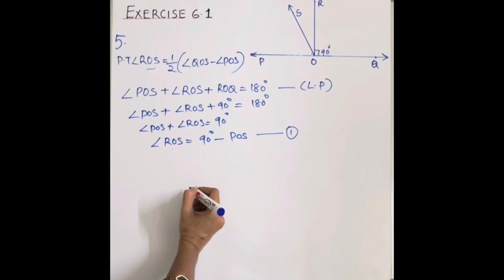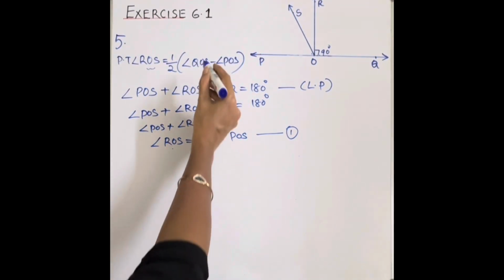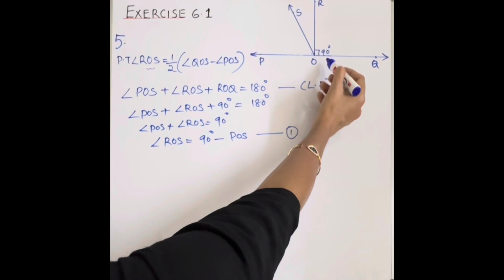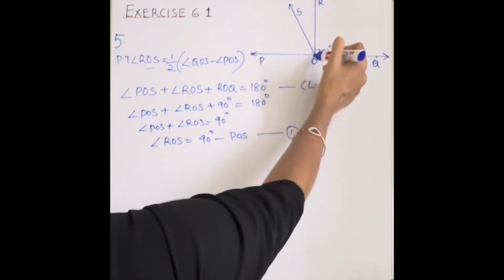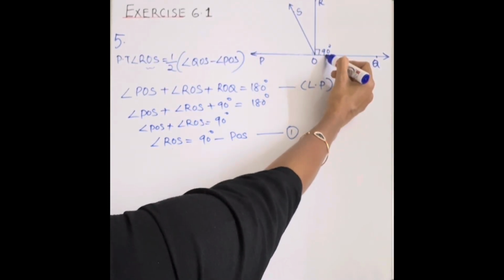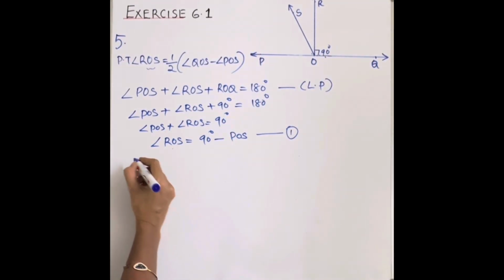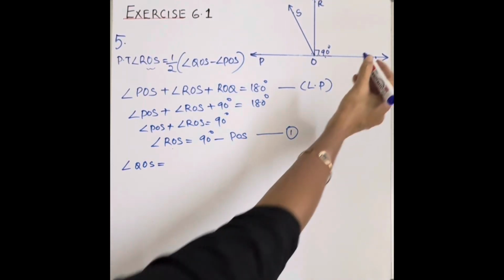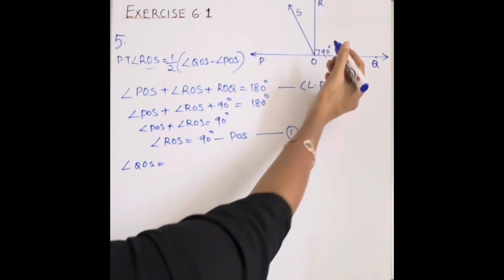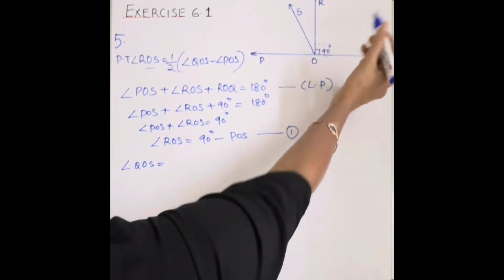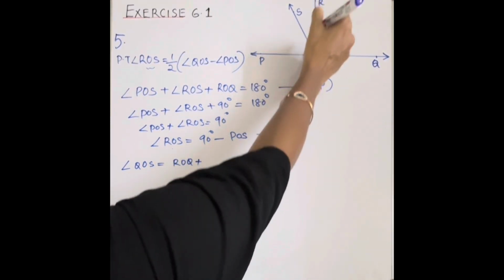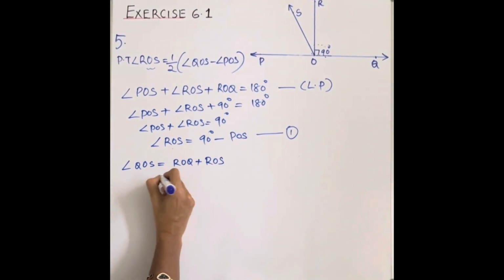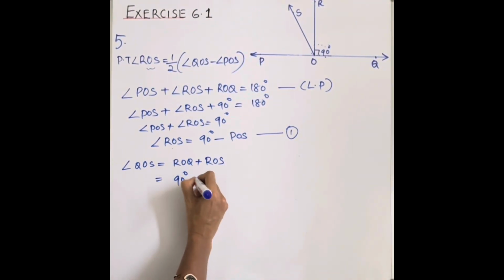So now let's see what all we have. We have QOS. Can you find something related to QOS and ROS in this figure? See, we have QOS and ROS and this 90 degree. So can we frame an equation with that? Let's see. We can write QOS is equal to ROQ plus ROS, and we know ROQ is equal to 90 degree.